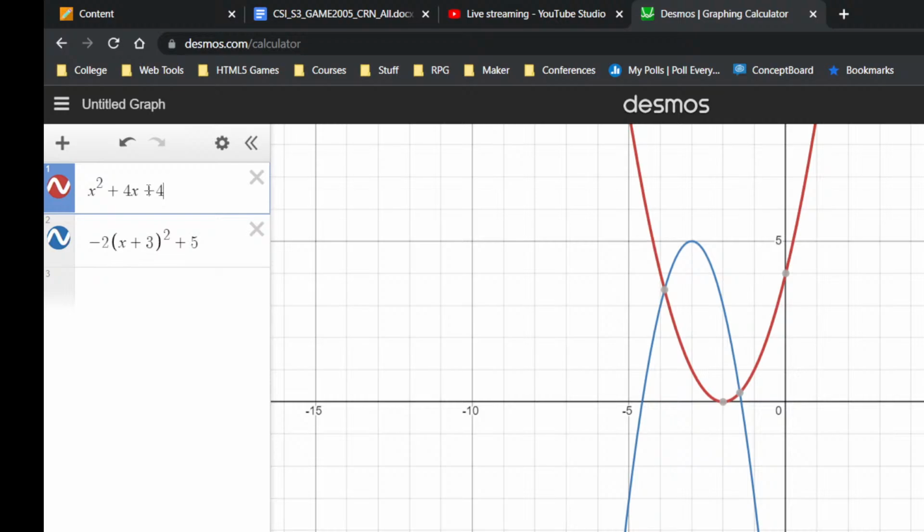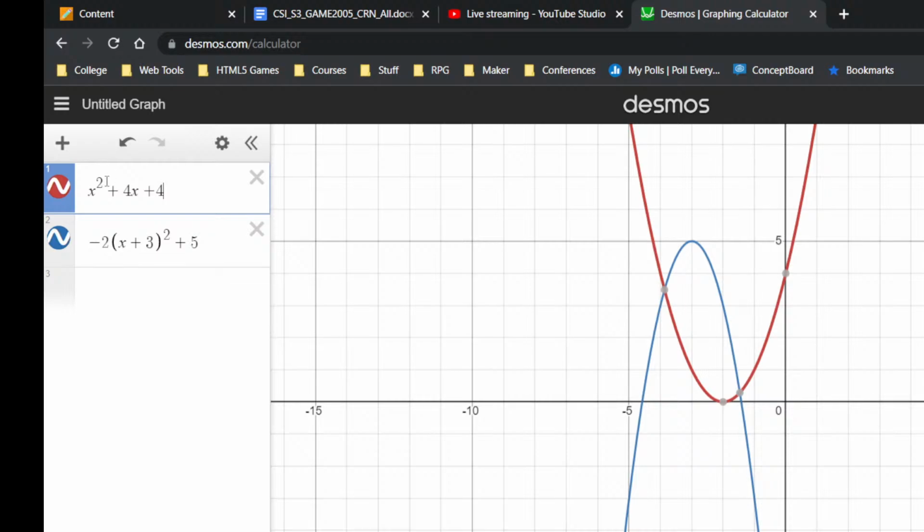By the way, when we're looking at these equations, we have 3 terms. The first term, the middle term, and the last term. The first term is x squared, right? The middle term is 4x, and the last term is just a literal 4, right? Ax squared plus bx plus c. Okay, so what happens if I change the middle term?